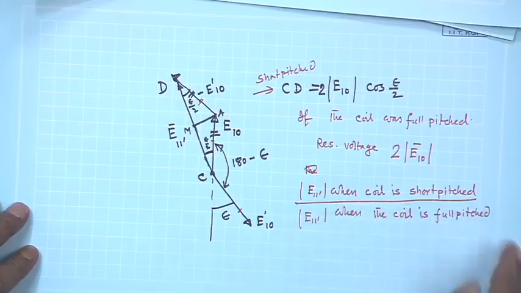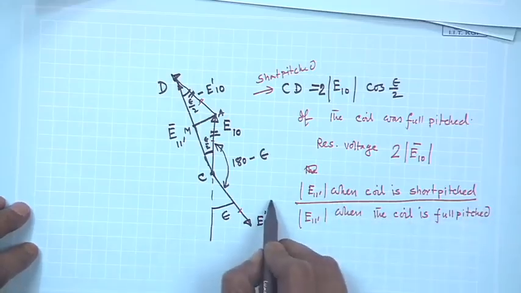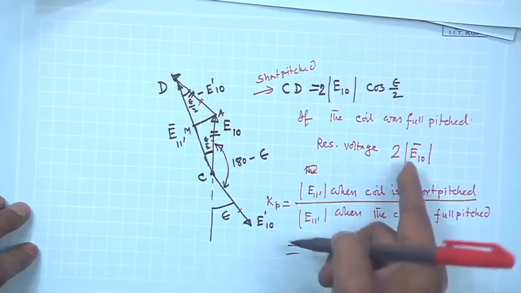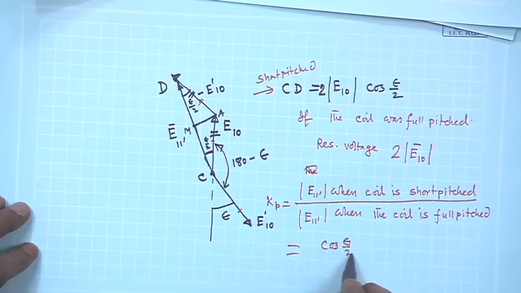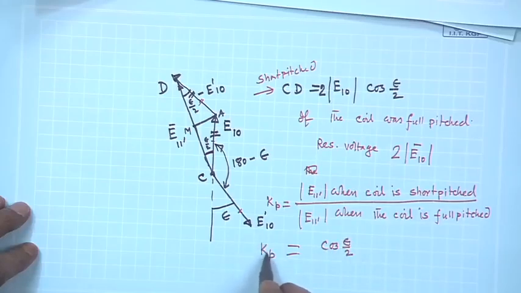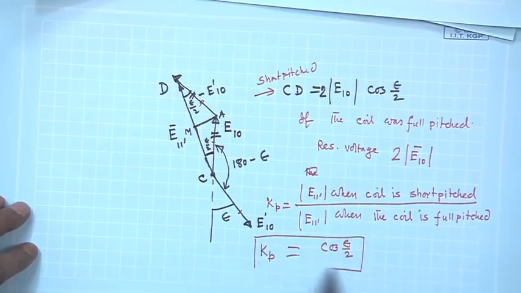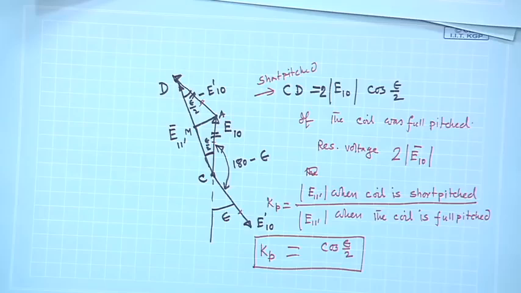This ratio is denoted by Kp, and in this case if you substitute, these things will cancel and you will be left with cosine epsilon by 2. So, Kp is cosine epsilon by 2.